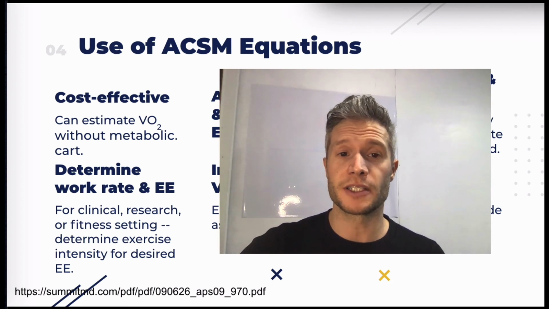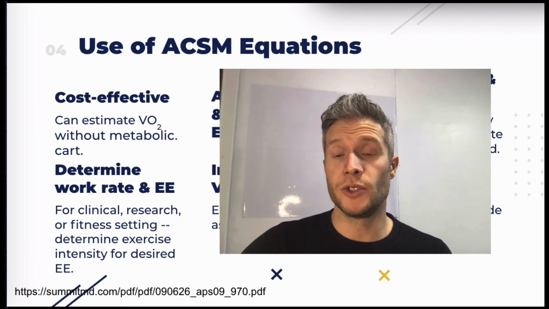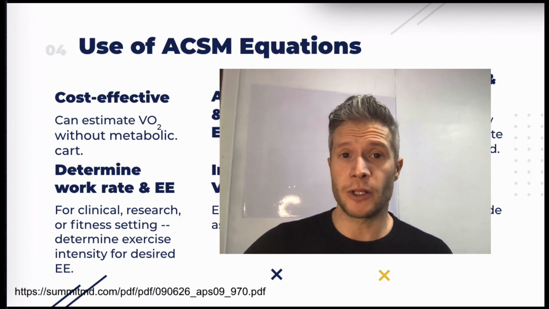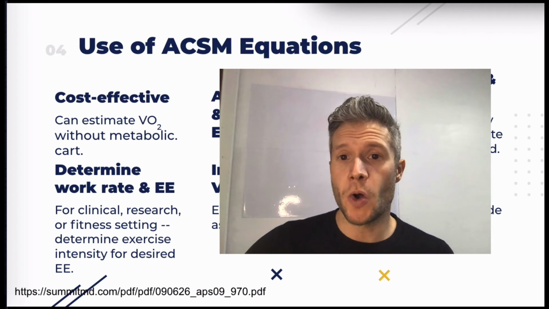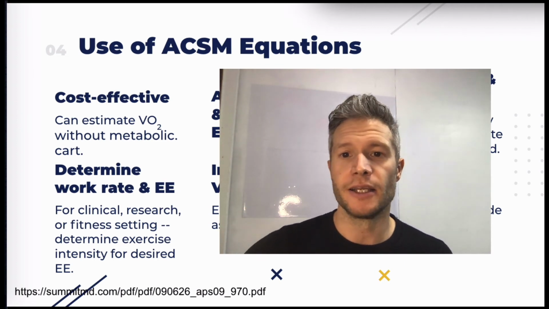The first one is, again, through that indirect calorimetry. You can estimate very easily, wherever you happen to be, how much VO2 or how much oxygen is exchanged without a metabolic cart. You can be at home, in the gym, in the clinic, wherever.